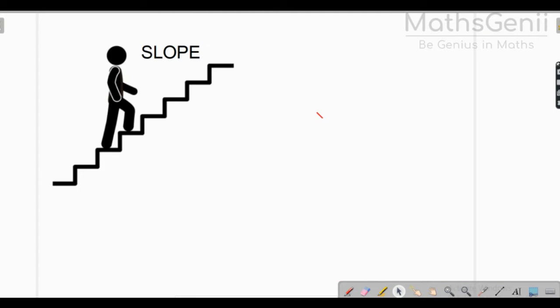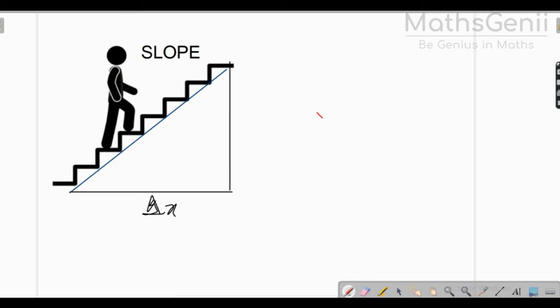Now, first, we will see how to find the slope of a line. So, this is your slope, for example, and I want to find the slope of this line. So, how do you find it? You take the x component, you take the y component.